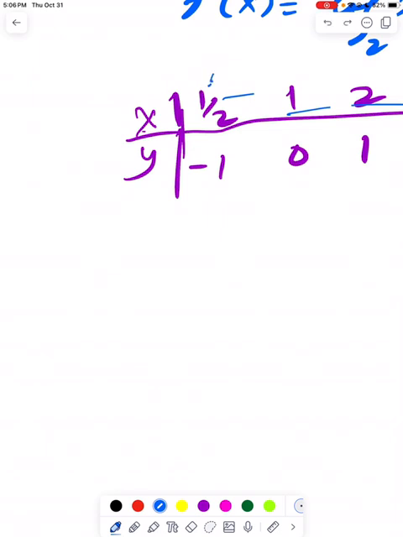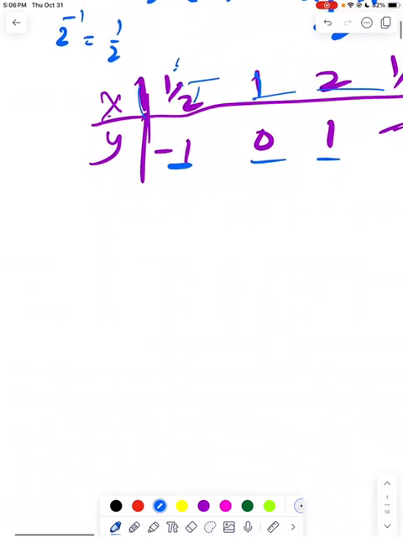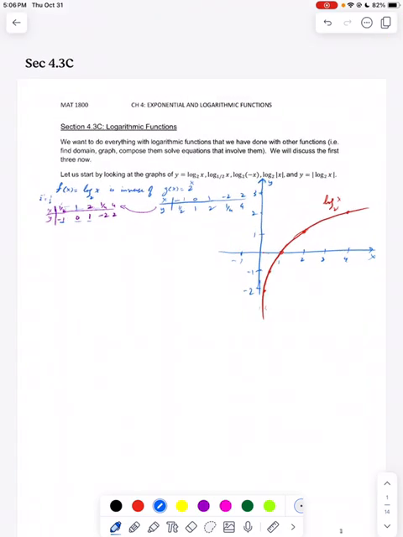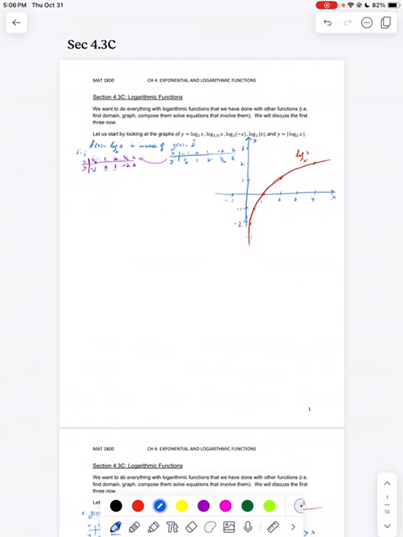The powers are coming over here, and here we are getting what we get by applying that power. So 2 to the negative 1 is 1/2. That's what I have here. 2 to the 0 is 1. That is what we have here. But the power is for the y value. Next time we will do it with the power.